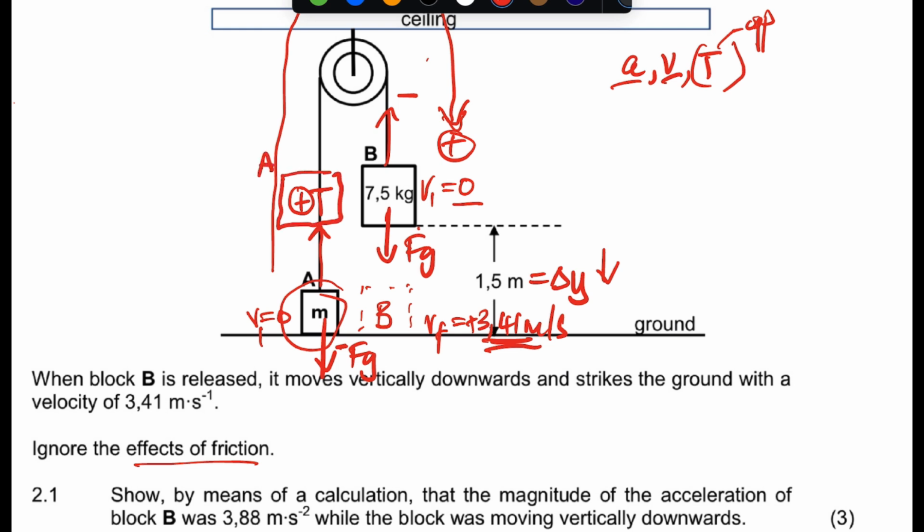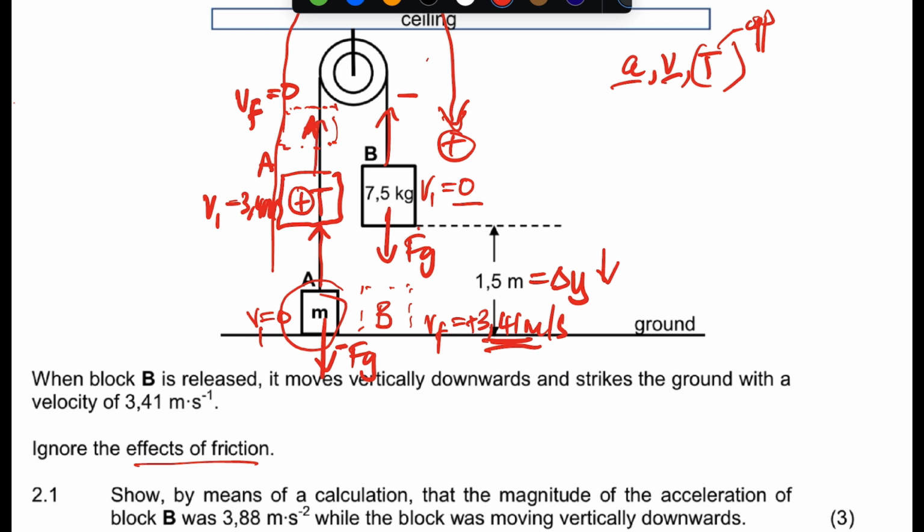Its initial velocity is going to be 3.41 meters per second, and it continues as a free fall.